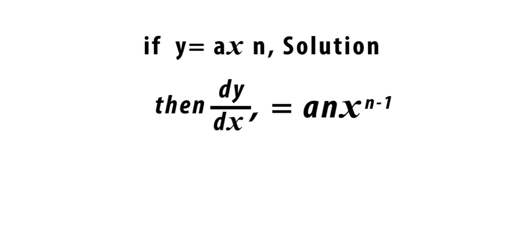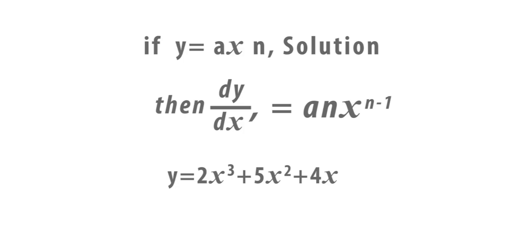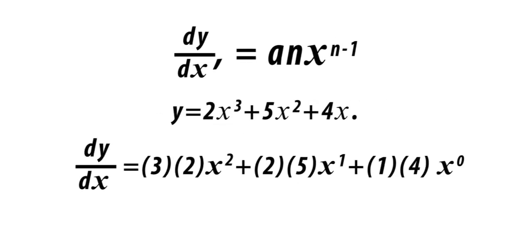In the given function, dy dx will become 3 times 2x squared plus 2 times 5x exponent 1 plus 1 times 4x exponent 0.